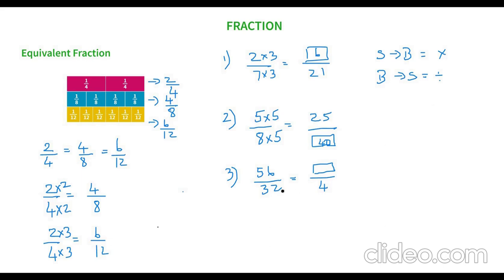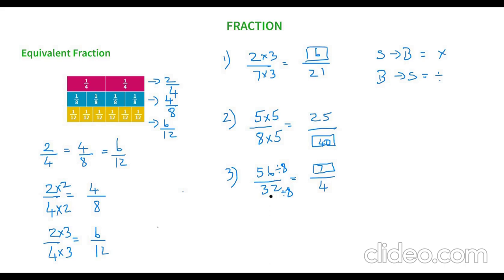Yes. So 32 divided by some number gives us 4. So it is 8. 32 divided by 8 gives us 4. In the same way, can we divide 56 also by 8? Is it possible? Yes. 56 divided by 8 is 7.